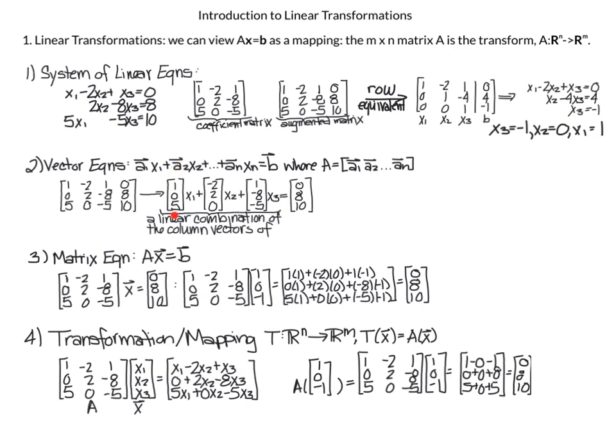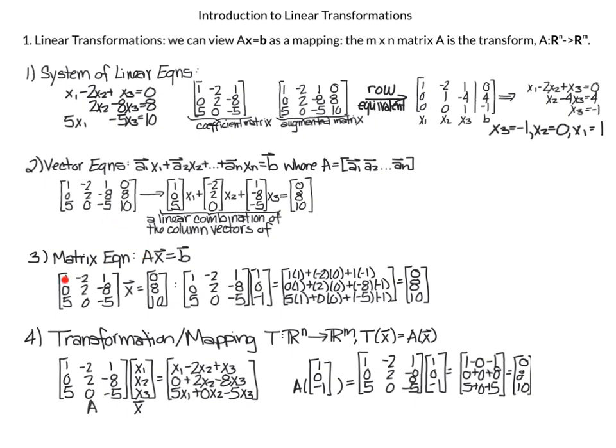So our first column vector times x1 plus our second column vector times x2 plus our third column vector times x3 is equal to b, our 0, 8, 10. So now what we're asking is, is there a linear combination of these three column vectors that gives us b?